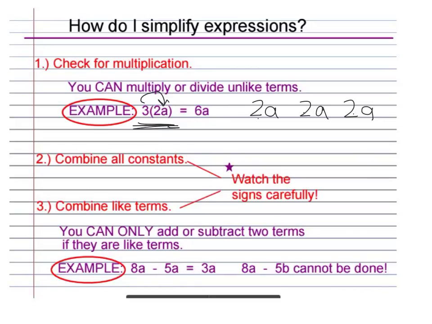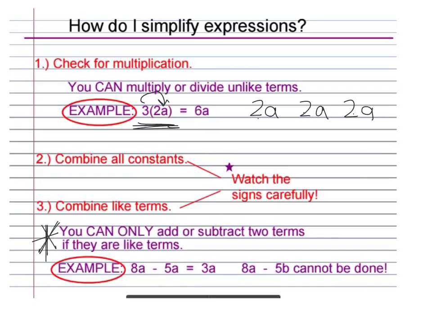After we check for multiplication and we take care of that, then we combine our constants, those numbers that don't have variables. And then once we've done that, we combine our like terms. So we put together all the terms that have x's and all the terms that have y's and the terms that have a's and so forth. When we talk about combining like terms, we can only add or subtract like terms.